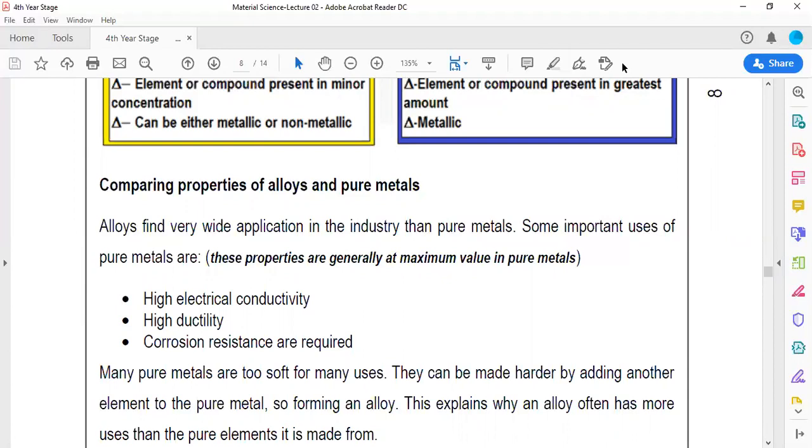Some important uses of pure metals are listed here. When do we use pure metals? When high electrical conductivity, high ductility, and corrosion resistance are required.